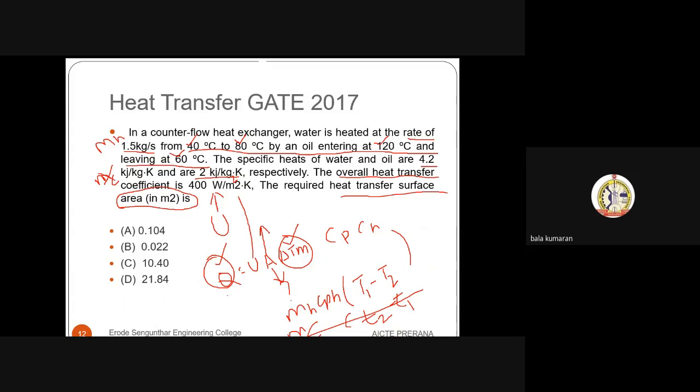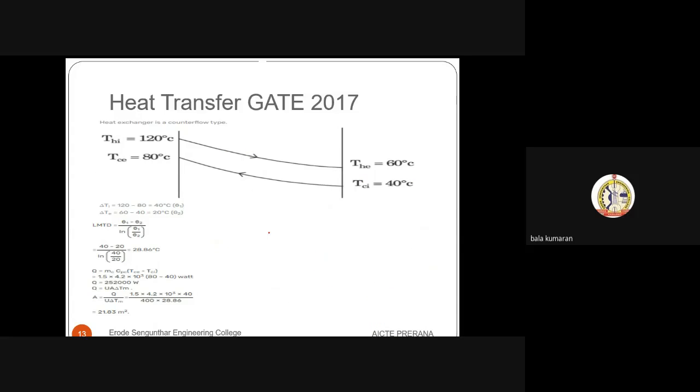I'll give the solution here. You can check it out, but these are the steps. You should know this kind of data to find the value in meter square. See here, the highest temperature is 120 and it reduced to 80 degrees Celsius. That means it's water, this is oil. From 120 it came to 60, from 80 it came to 40.